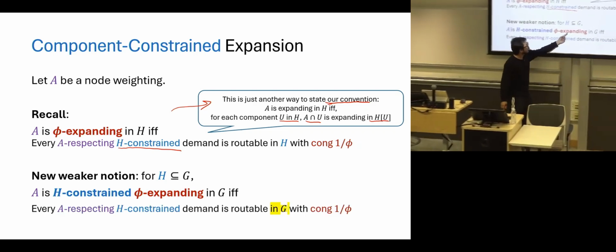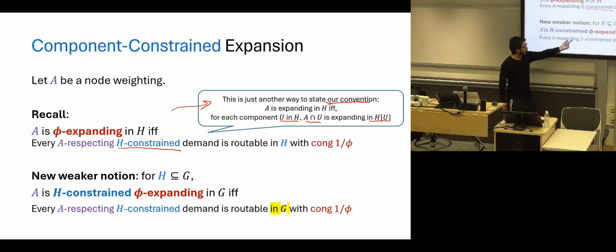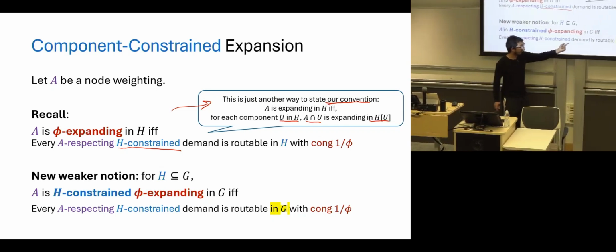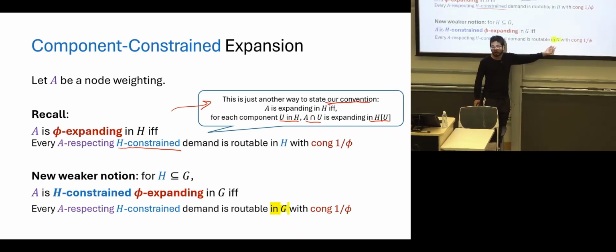This just means that every A-respecting demand that is also H-constrained is routable in G with low congestion.